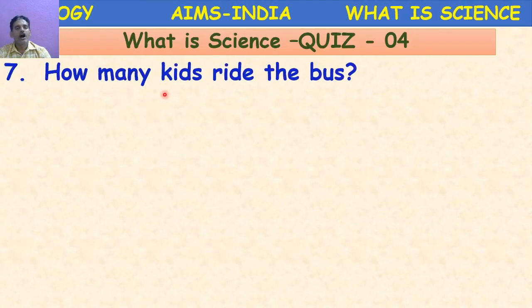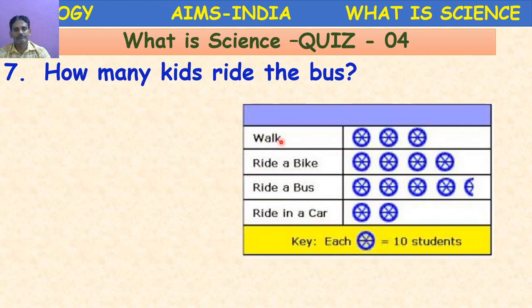Next. How many kids ride the bus? Here by walk is given, ride a bike is given, ride a bus is given, ride in a car is given. So here the question asks only about ride a bus.